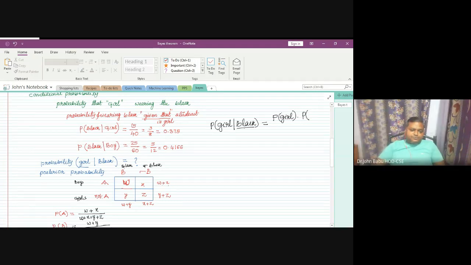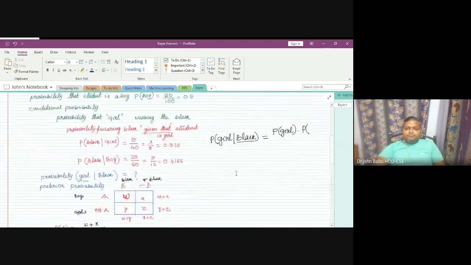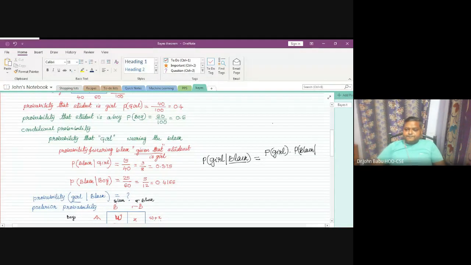Not girl given black. Already we are trying to get girl given black. So black given girl, probability of black given girl, by probability of black. We have all the values here.